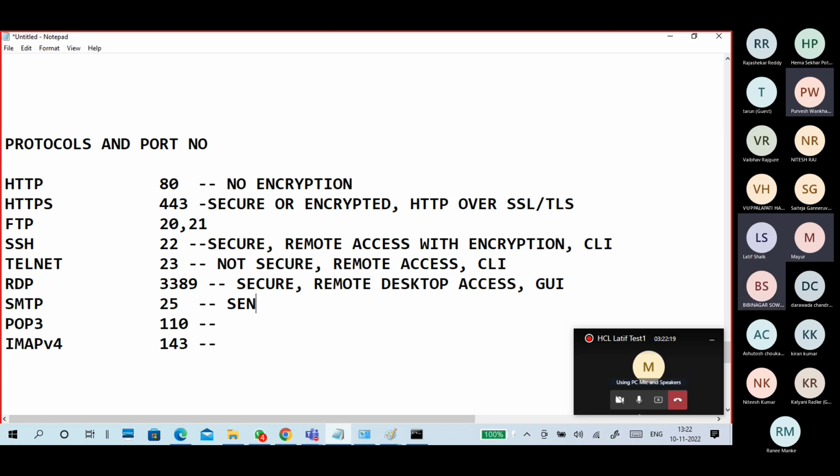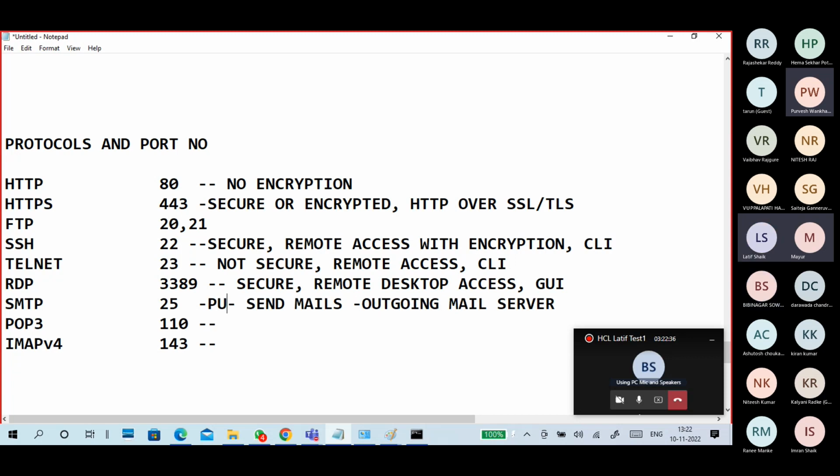SMTP is for the outgoing mail server. It is a push kind of stuff.